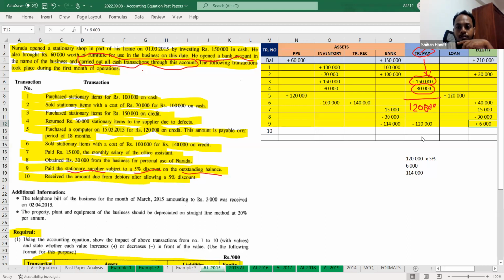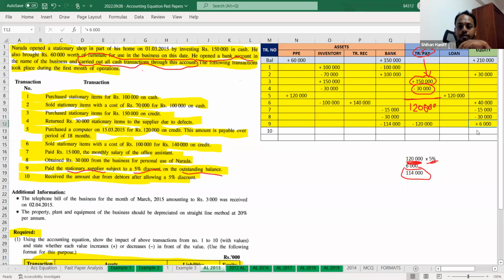For this outstanding balance, we are getting a 5% discount. So 120,000 into 5% is 6,000. If we get a 6,000 discount, we will pay 114,000.